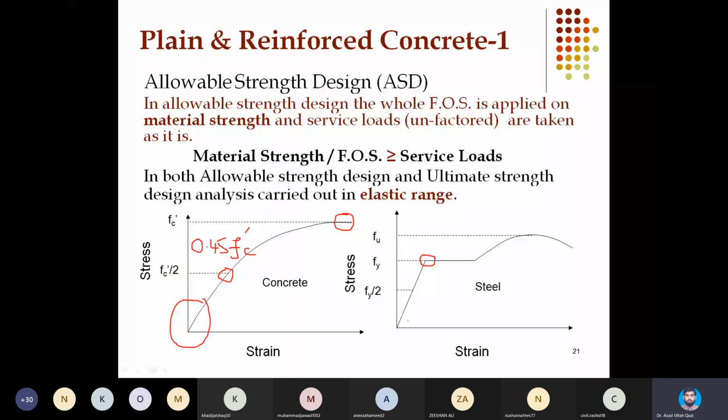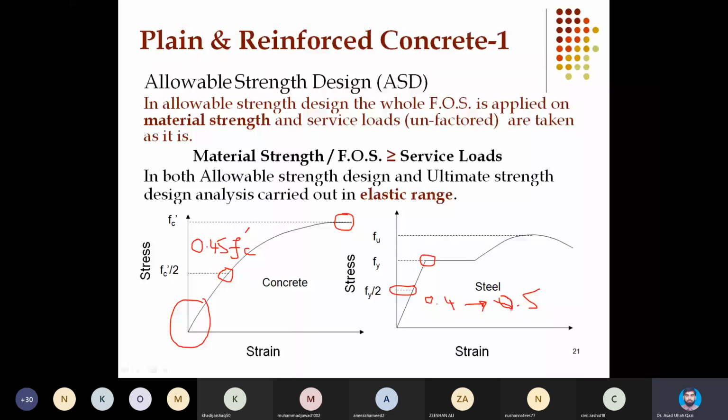So in allowable stress design, for a composite material, reinforced concrete, you will stress your concrete against applied action to maximum 45% of FC prime, and your steel to 40 to 50% of yield strength, 0.4 to 0.5.